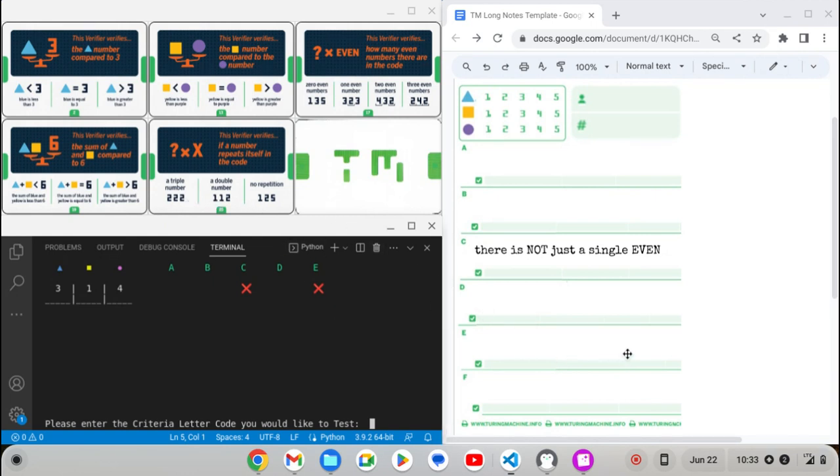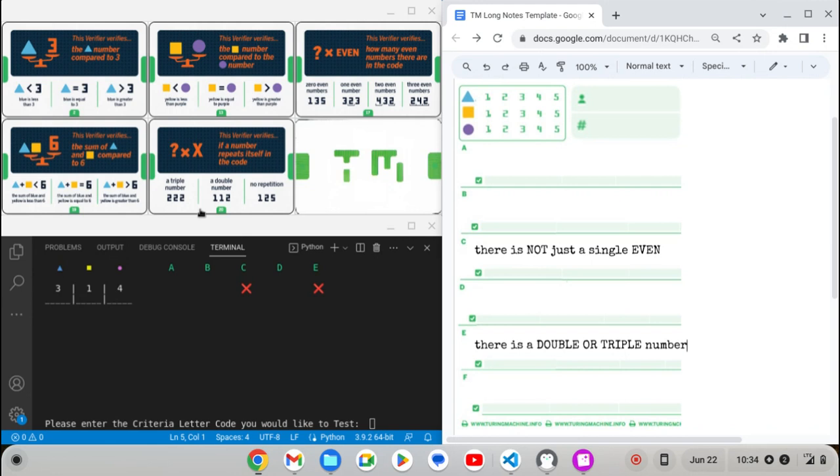The Turing Machine told me that no repetitions is not valid. So I'll just say double or triple number. The likelihood that it's triple is rare, but you cannot just arbitrarily discard it.